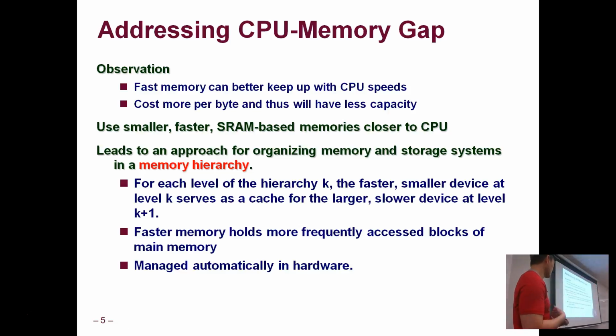And that's what we're going to look at in this lecture. So the idea is that you would want to keep your frequently used stuff in level K, and then go to level K plus 1 for the infrequent stuff. The key to all of this is that it's managed automatically in hardware.